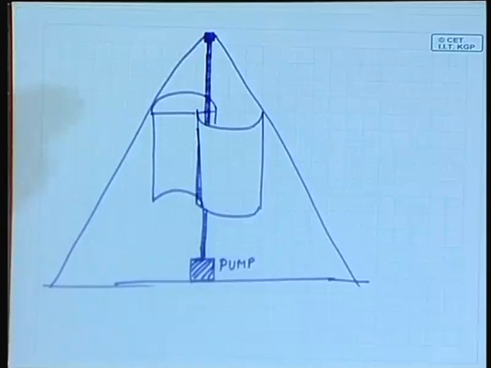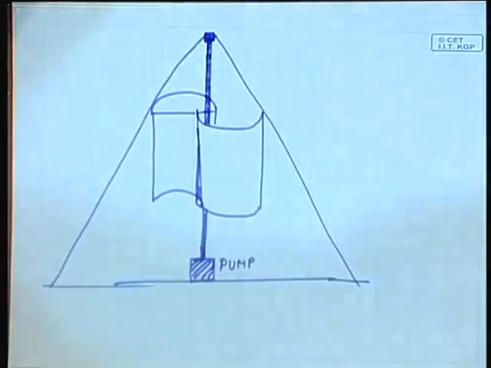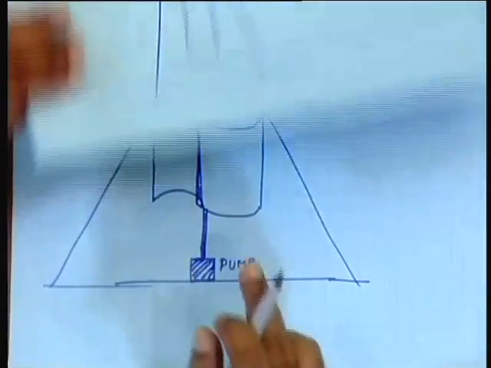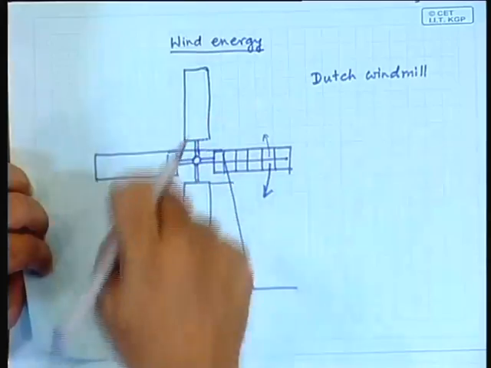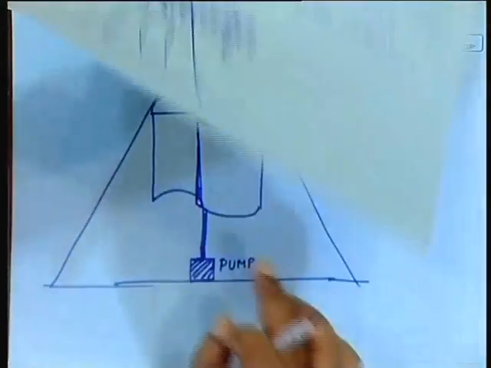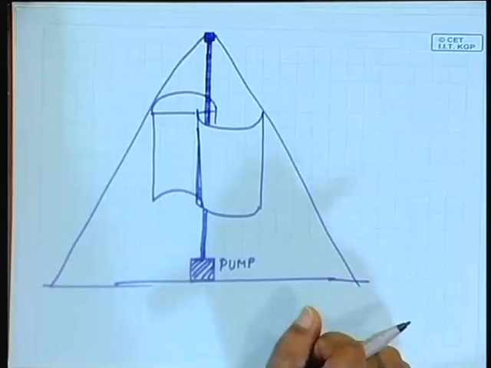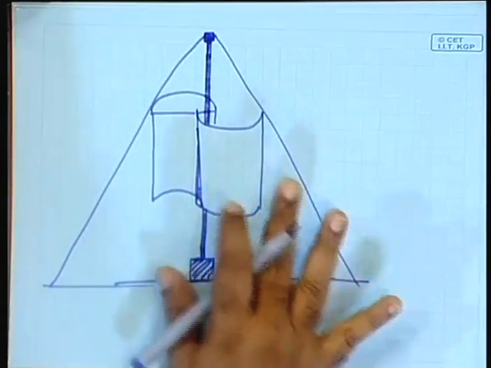This is the difference between this type and that type: this one is a horizontal axis. So, it is a horizontal axis wind turbine, while this is a vertical axis wind turbine. There is another type of vertical axis wind turbine which we will study.